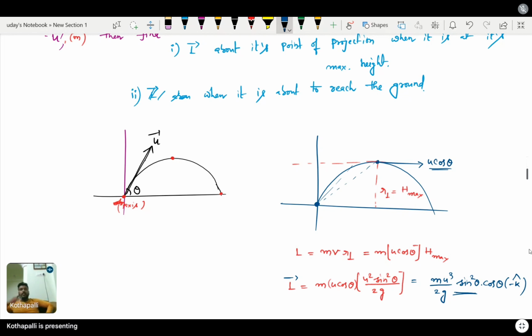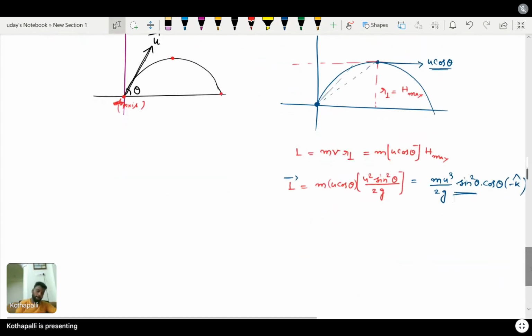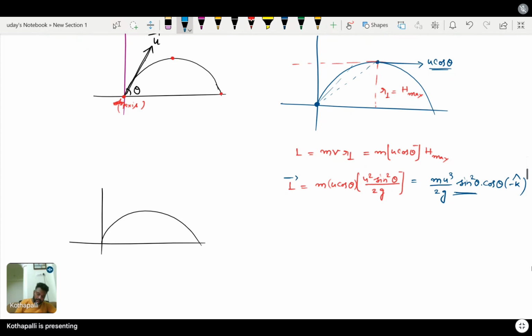When it is about to reach the ground, how will the velocity look? About the point of projection, what possibility is there to calculate the angular momentum? Think and try. So when it is about to reach the ground, this is the velocity direction.